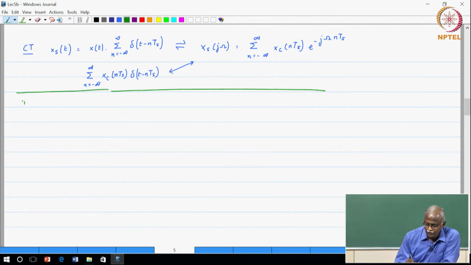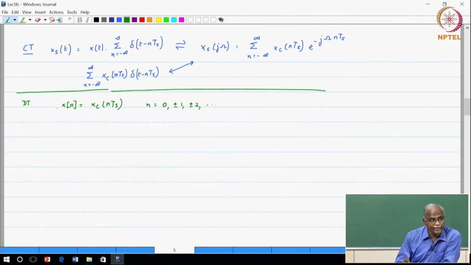Now moving over to the discrete time domain, x of n is xc of nTs, and of course n is the periodic sampling where n equal to 0, plus minus 1, plus minus 2 and so on.